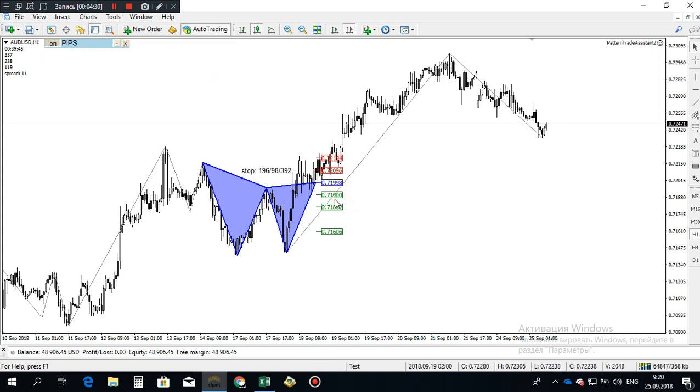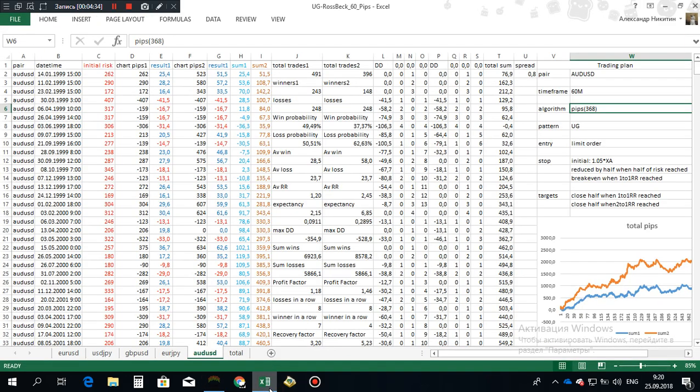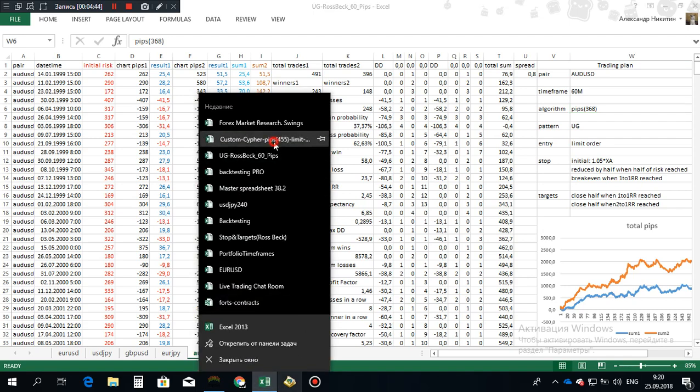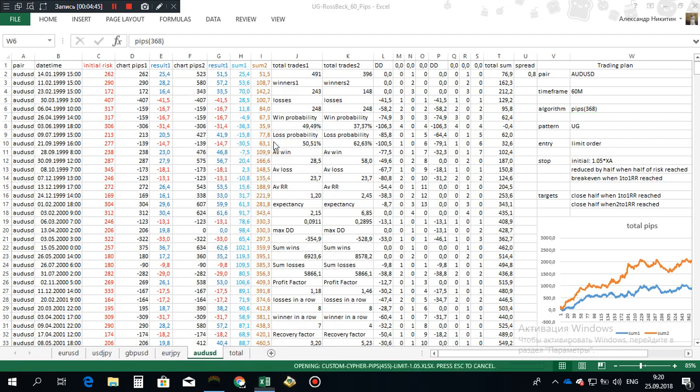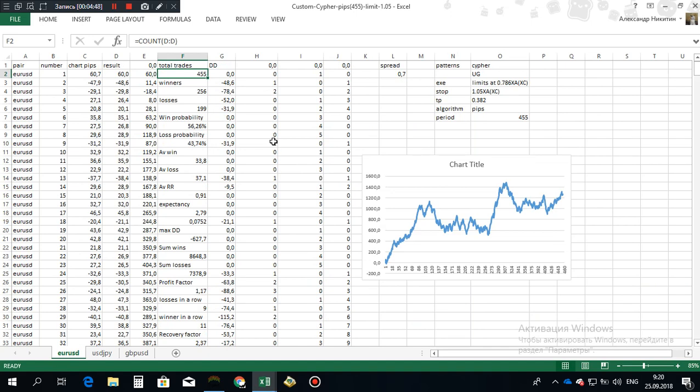So what I want to show you today is the difference between two algorithms. This is the pips based algorithm, and if we take my other Excel spreadsheet, it has the same pattern with the same rules, but with a slightly different algorithm.